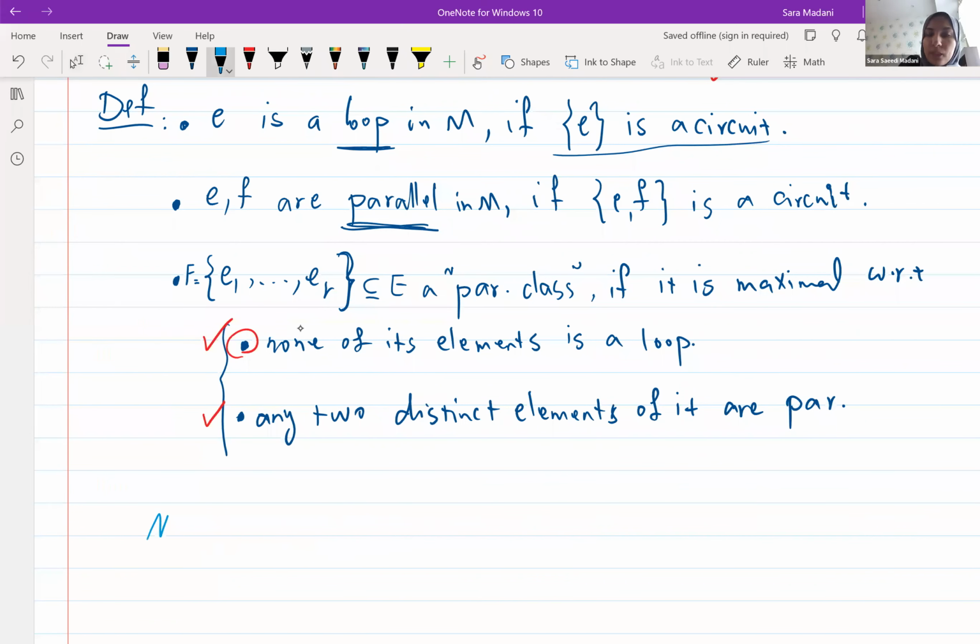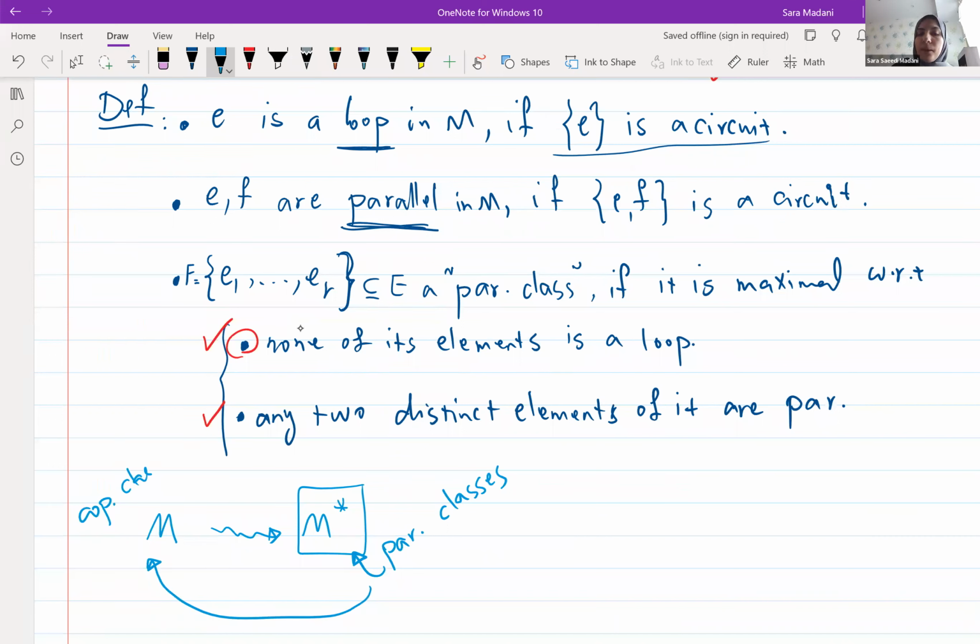So if I have a matroid, and if I take its dual, this dual is a matroid. It has its own loops, parallel elements, parallel classes, everything. So the parallel classes of this matroid are called co-parallel classes of M. Very natural.